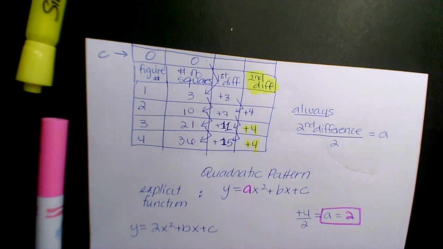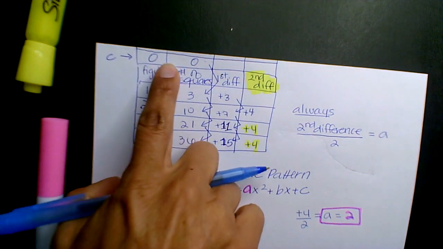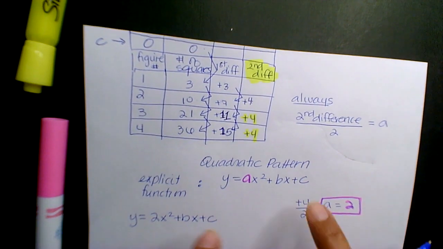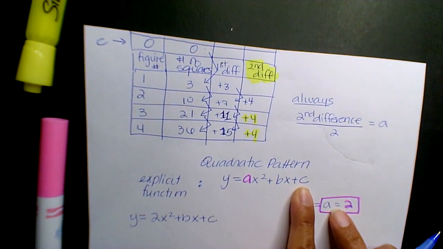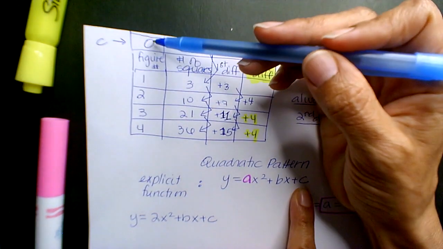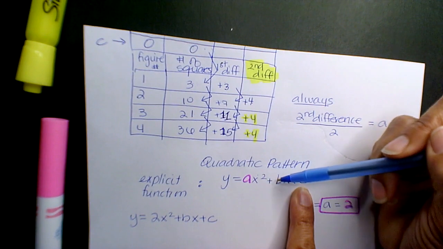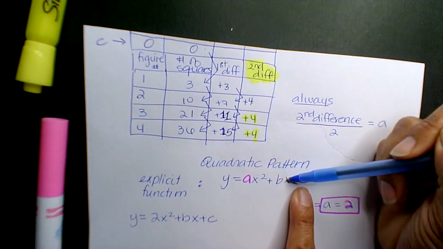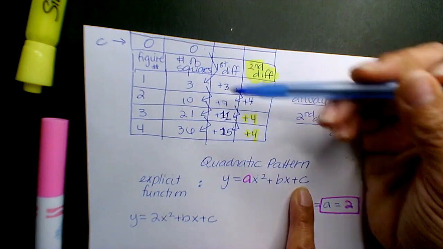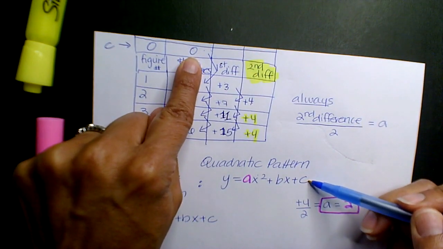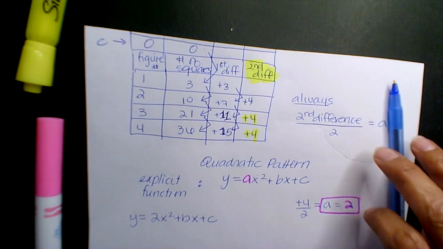Okay, so numbers kind of make sense? All right, you need this for the C value because this is your y-intercept. If x is 0, 0 squared is 0. Any number b times 0 is 0. So when I substitute 0, that y value is what the C value is.